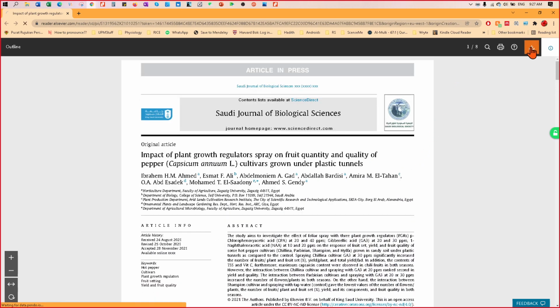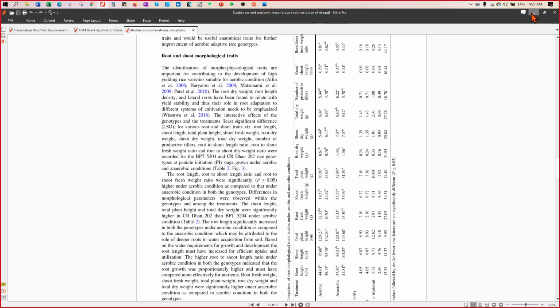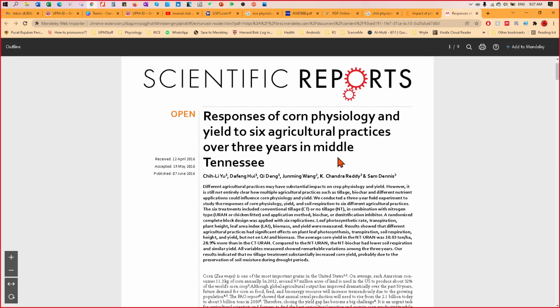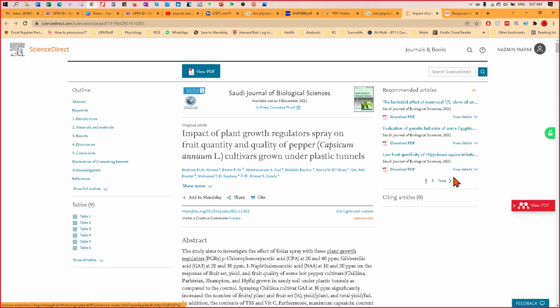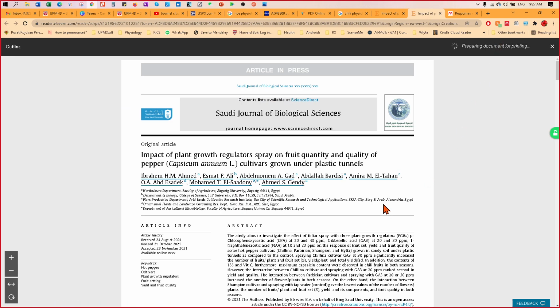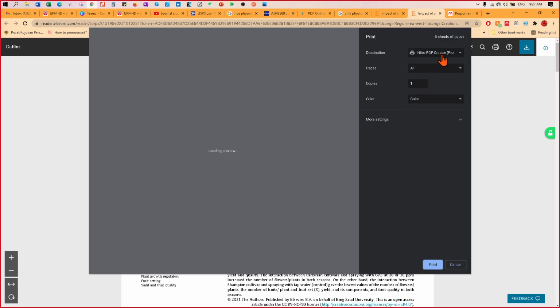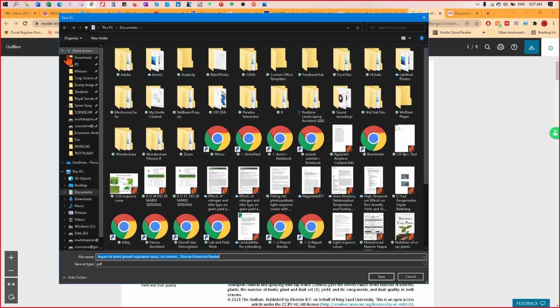I'll save this as well. Oh, don't tell me it asked me to sign in. Can I get into it without signing in? Okay, I'll just print it as a PDF. That's fine. So group bottom, why don't you take this paper?